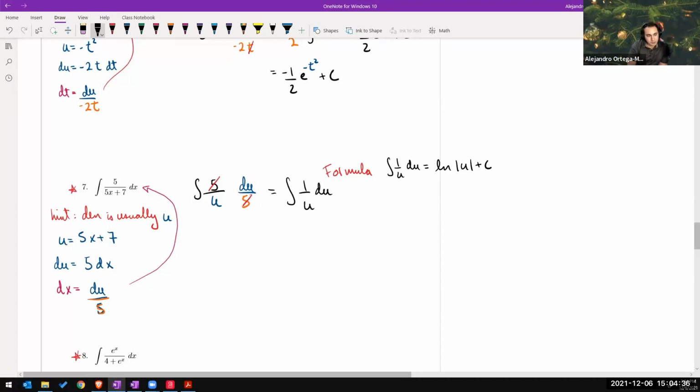Okay, so this is the formula. So this integral is going to be the ln of the absolute value of u plus c. Now, what was the u? Well, this is going to be the ln of the absolute value of 5x plus 7, plus c.